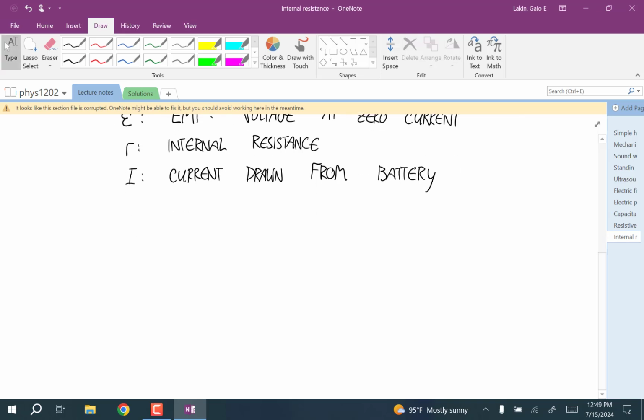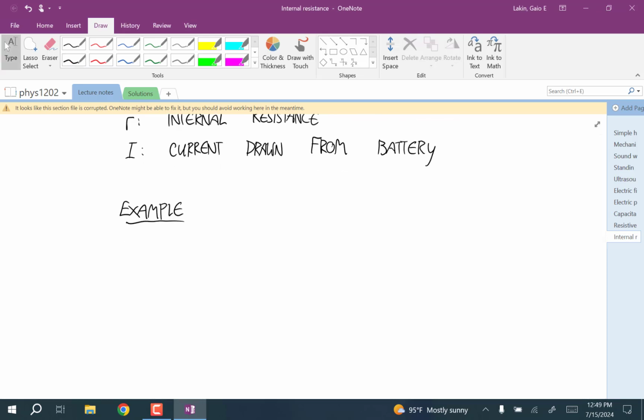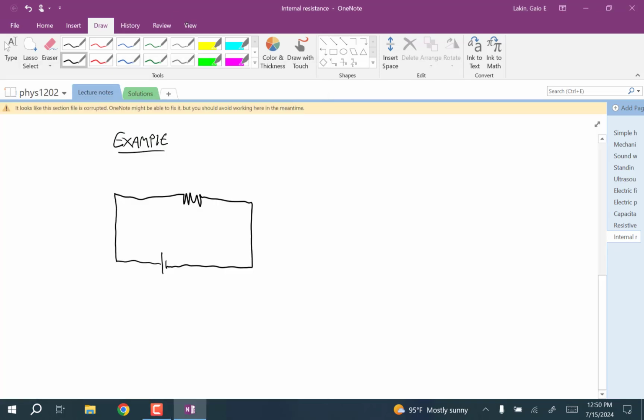So let's see how this works in an example. Let's say that we have a circuit like this. We have a battery, and let's say this is a 9-volt battery, and let's say we have a 20-ohm resistor.